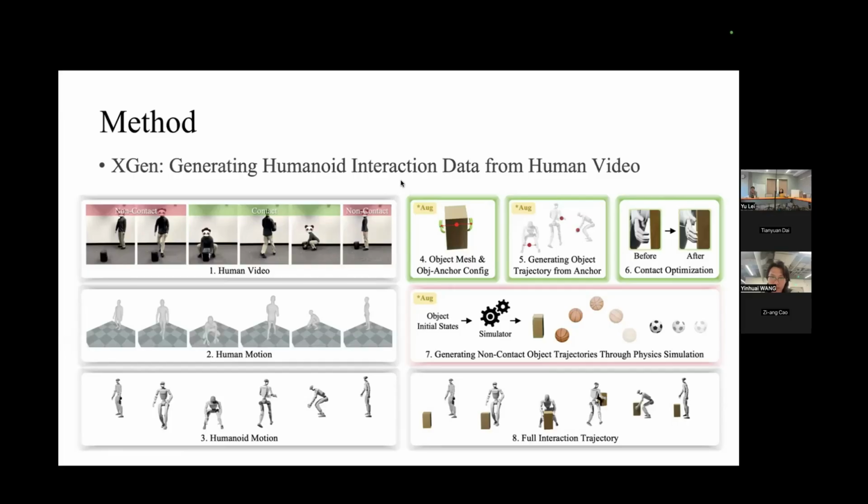When you use physics-based simulation, do you train RL? No, we do not need to train RL. It's just like throwing the ball into the air in the simulator and recording the object trajectories. I see.